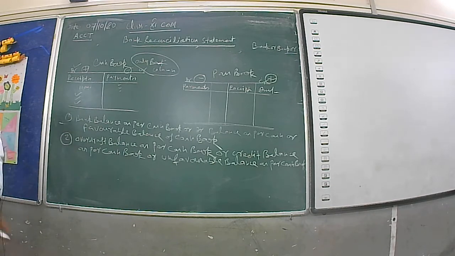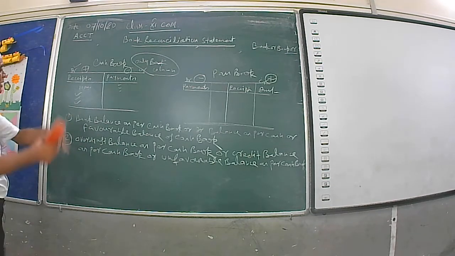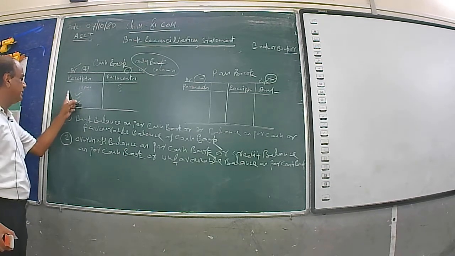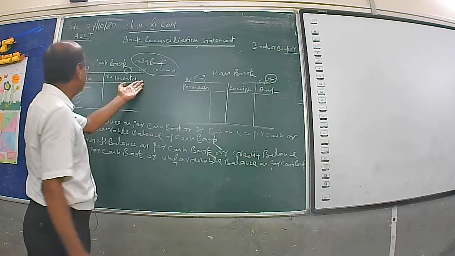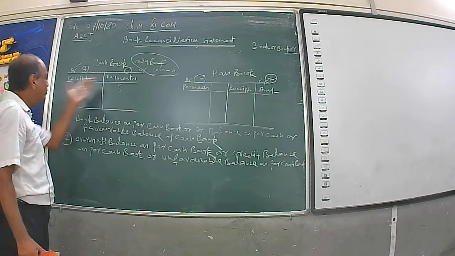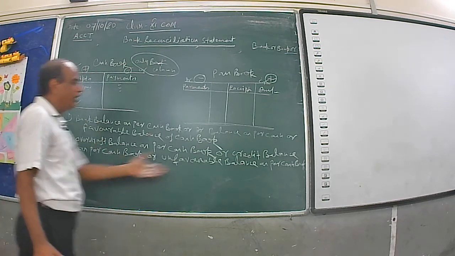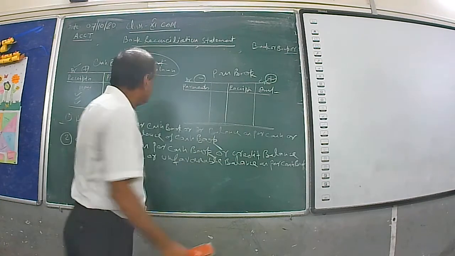Overdraft balance as per cash book means when payment is more than receipt. Or you can say credit balance means credit side is greater than debit side, and when the payment is more than receipt, that is called unfavorable balance of cash book.